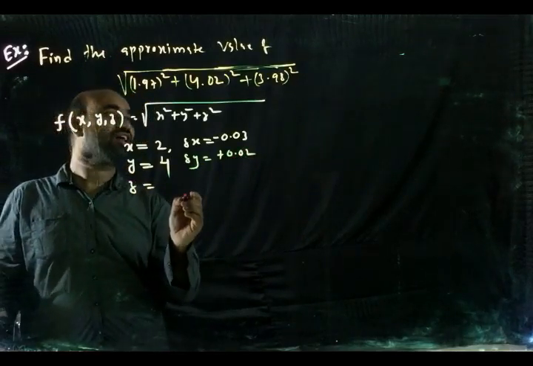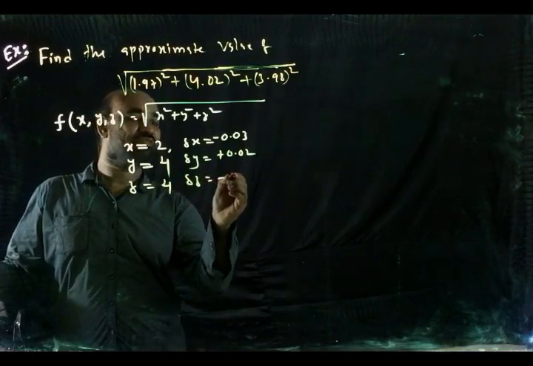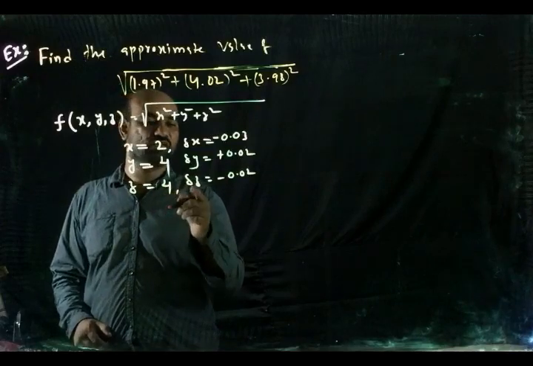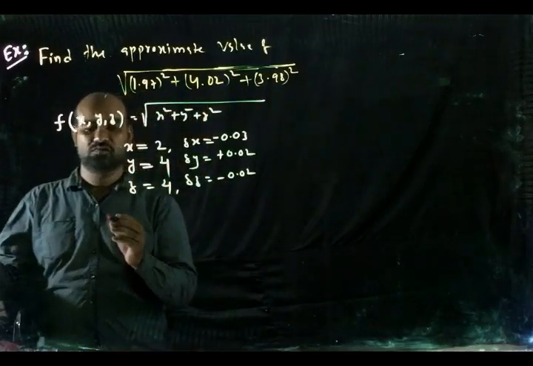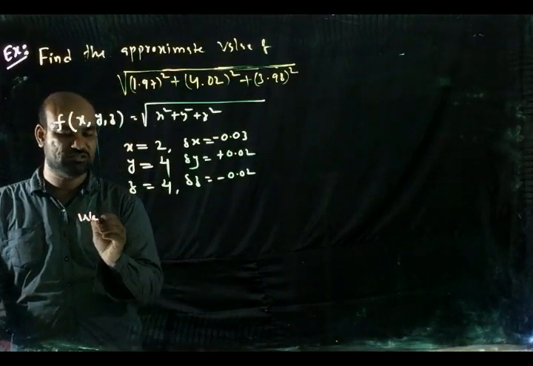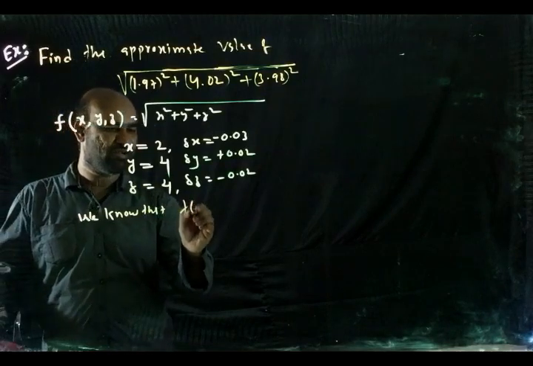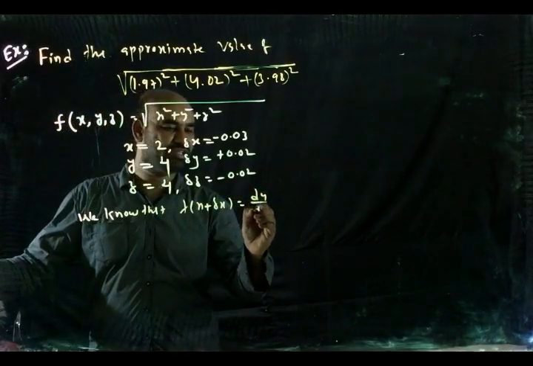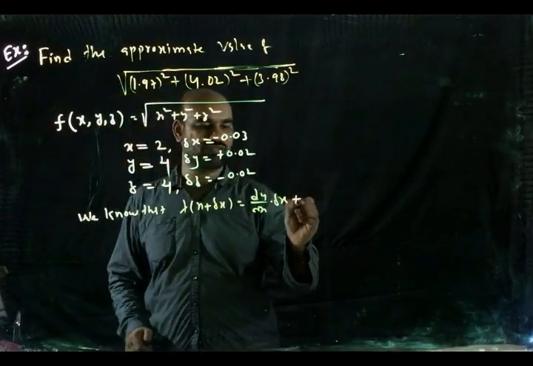Z is taken as 4 and error in Z is taken as minus 0.02. Z equal 4, delta Z equal minus 0.02. We know that f of x plus delta x equal to dy by dx into delta x plus f of x.